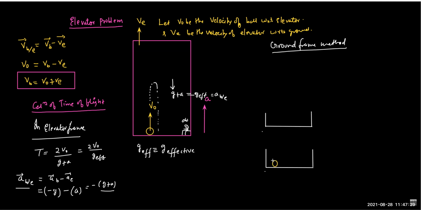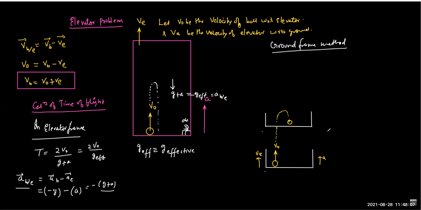You're throwing a ball here with initial velocity, and the elevator is going up with acceleration a, and the velocity of the elevator at this instant is v. Now the ball will go up, and so will the elevator. So when the ball comes down, it will not hit actually there, it will hit somewhere here. So that is the ground frame scenario.